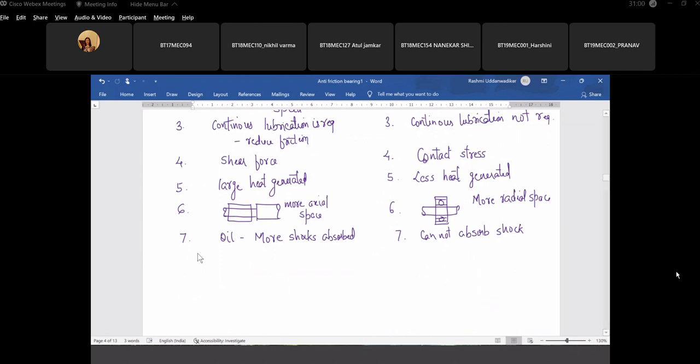Can you comment on failure? Can you comment on how this would fail and how this would fail? When would a journal bearing fail, or how do you think it would fail?